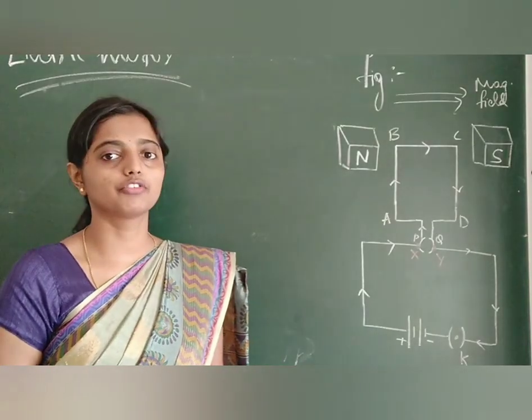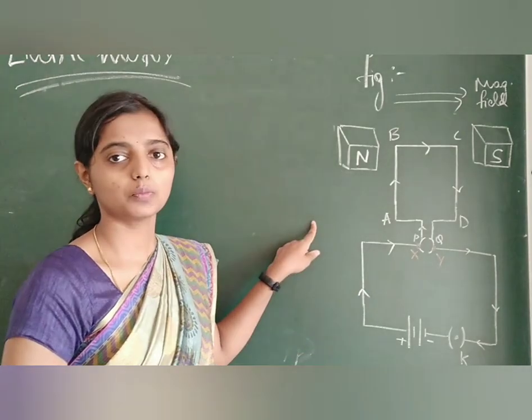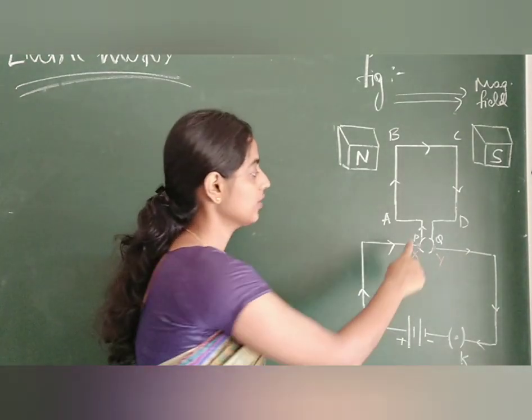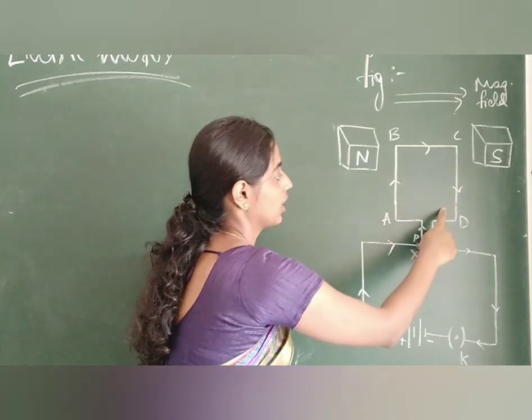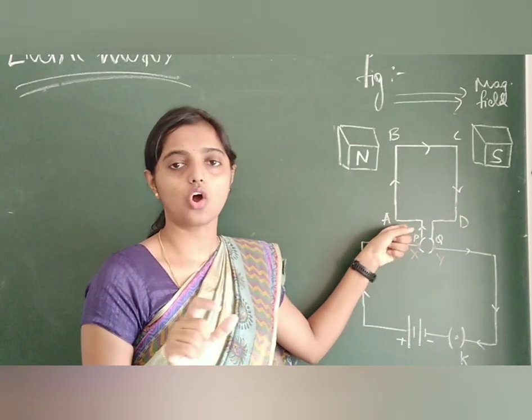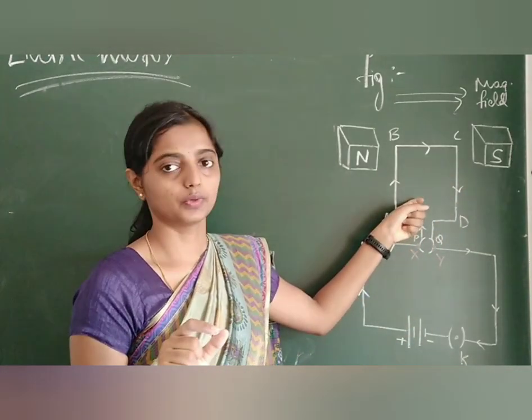Students, observe carefully. An electric motor consists of a rectangular coil. You can call it a coil or loop.